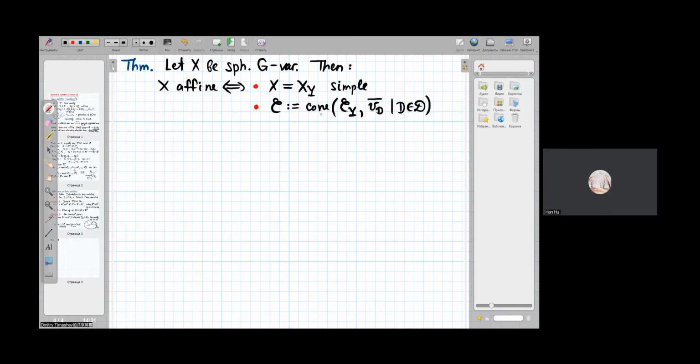So we consider a bigger cone spanned by this cone and by all these vectors, even for those colors which do not contain Y. And the second condition is that this cone is still pointed. The third condition is that the vectors corresponding to all colors are non-zero. So ρ(D) are non-zero for all colors.